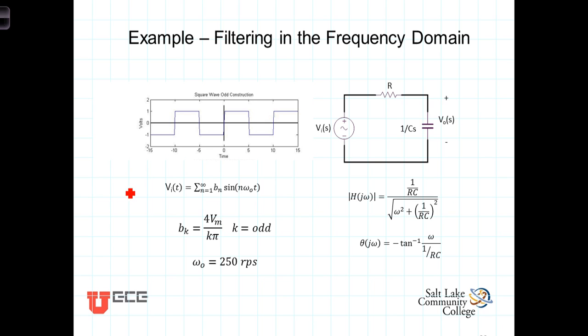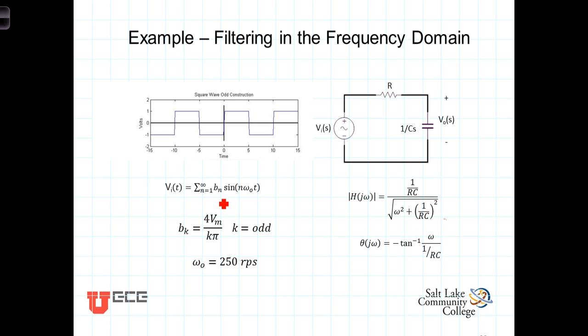The circuit that we're going to run it through is a low-pass filter that we've talked about in Chapter 14. It is characterized by a magnitude, which is 1 over RC divided by the square root, thus. That gives us the magnitude of the frequency response. And then we have the phase of the frequency response function, which is given by this.